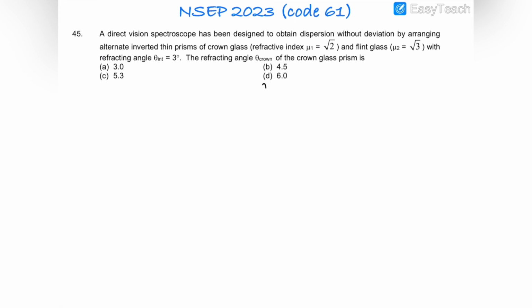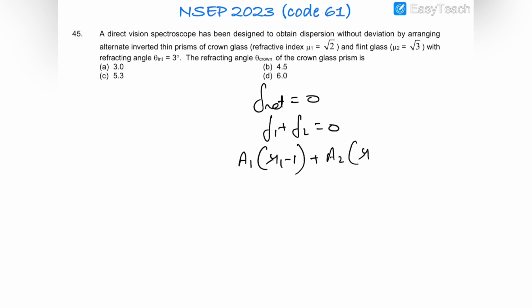We know that the net deviation is 0, therefore del 1 plus del 2 is 0, and hence we can say that a1 into mu 1 minus 1 plus a2 into mu 2 minus 1 is 0. So a1 into mu 1 minus 1 is equal to, there is a negative sign due to the fact that they are inverted prisms, but we are not using that negative sign because angle of prism cannot be negative.